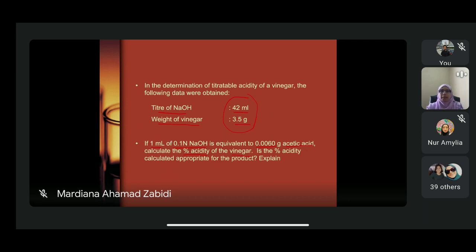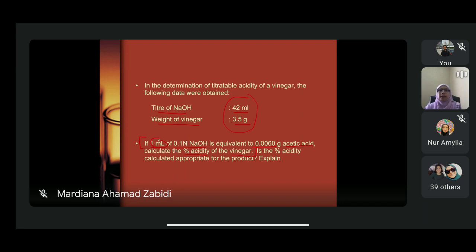Okay, nampak you dah diberi information, volume of sodium hydroxide, information weight of vinegar. Okay, and then dalam explanation of your question, diberi if let's say 1 milliliter of 0.1 normal NaOH is equivalent to 0.006 gram of acetic acid, calculate the percentage of acidity in the vinegar. Okay, kita stop dekat sini dulu. Alright, yang kat bawah ni nanti kemudian yang explanation tu.